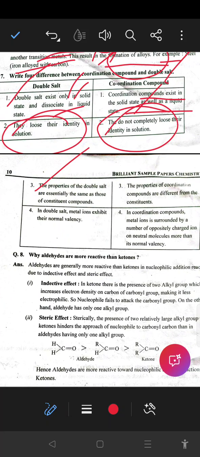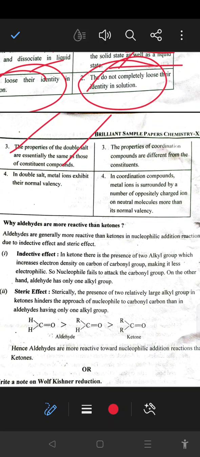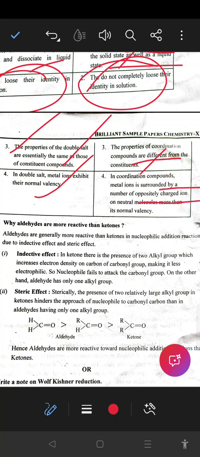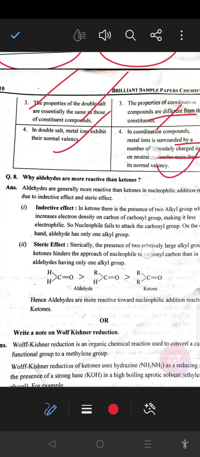The properties of a double salt are essentially the same as those of its constituent compounds, and the properties of a coordination compound are different from its constituents. In double salt the metal ion exhibits its normal valencies, and in coordination compound the metal ion is surrounded by a number of oppositely charged ions or neutral molecules.